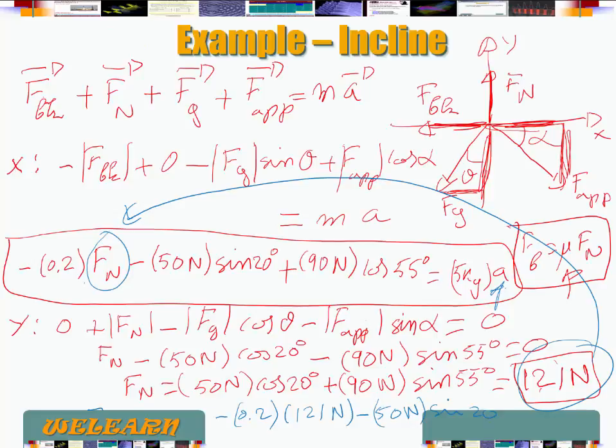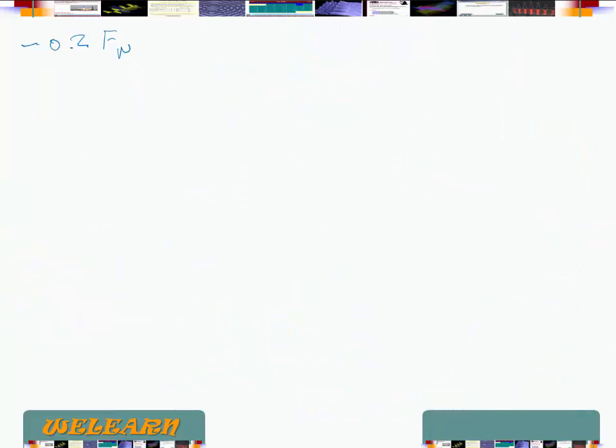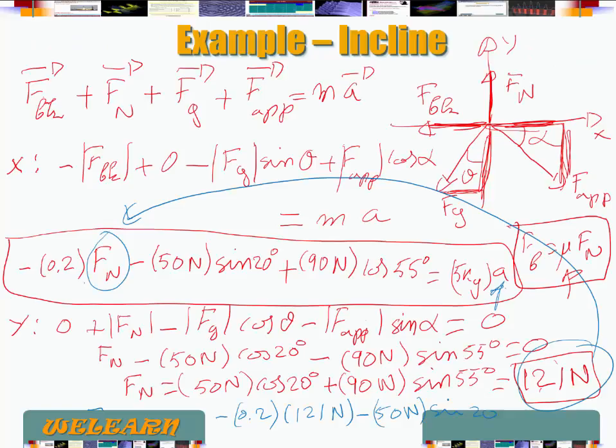Minus 0.2 Fn minus 50 newtons sine 20 plus 90 newtons cosine of 55 degrees is equal to 5 kilograms times A. Let's verify that.